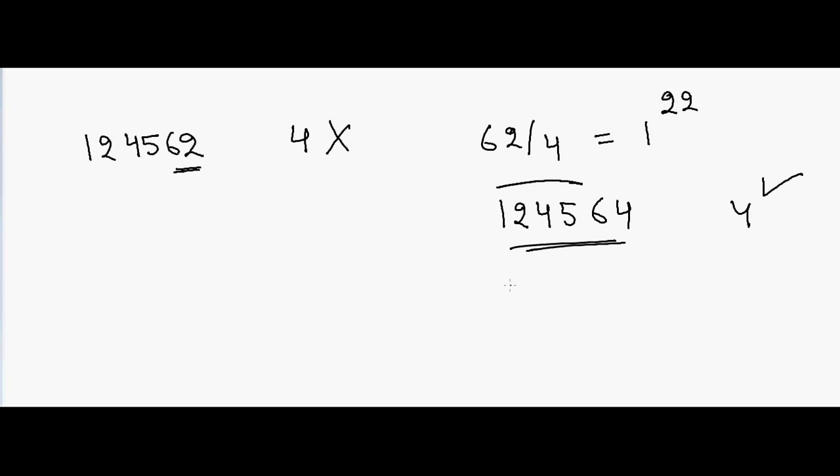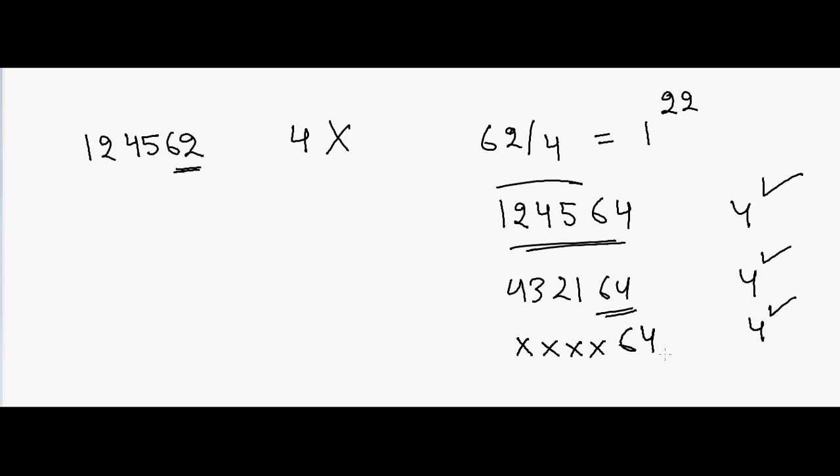I can write 4, 3, 2, 1, 6, 4, then again it is divisible by 4, or I can write anything, x x x x and 64, then this number should also be divisible by 4. So I have to look at the last 2 digits to check if the number is divisible by 4 or not. In this case it is not.